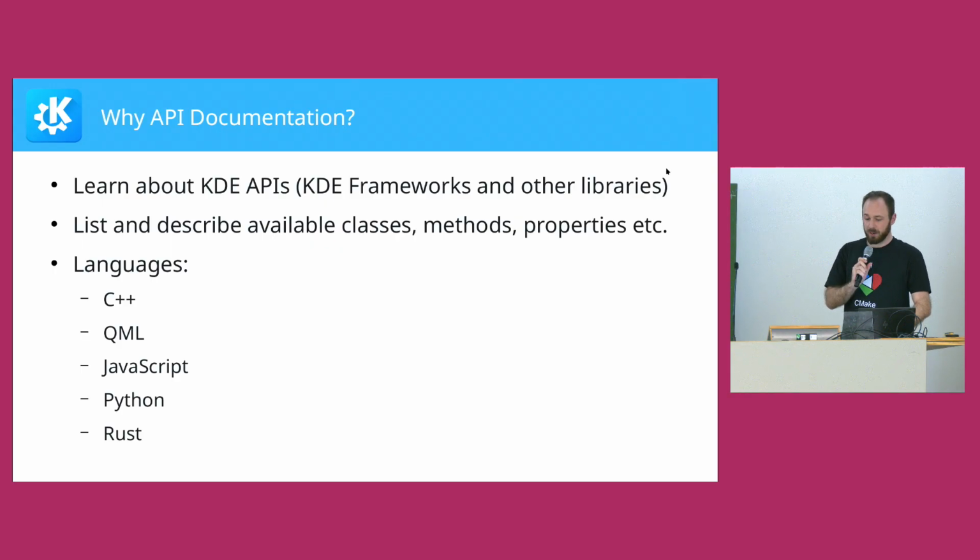First of all, why do we even do API documentation? As an application developer, when you want to write a KDE application, you want to, of course, know what APIs are even available. So just having a list of all the KDE frameworks and other libraries that KDE has to offer for application development.